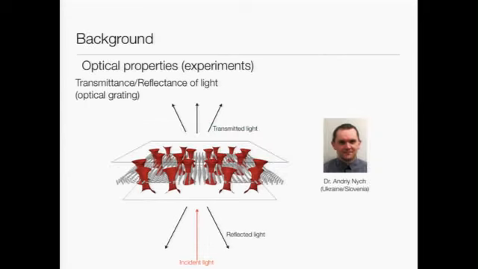Now let me move on to the second part of my talk: the optical properties of a liquid crystalline skyrmion lattice. Let me briefly mention the background of this study.